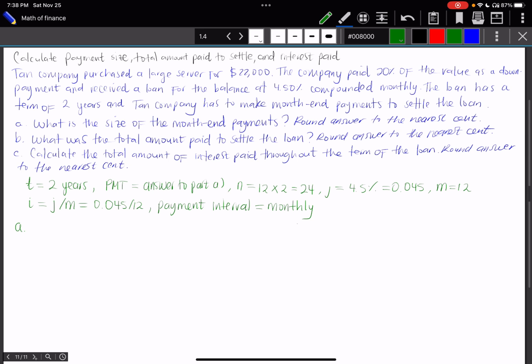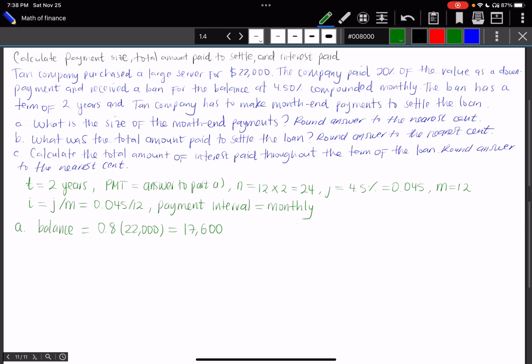Tan Company received a loan not for the $22,000, but for the balance, which is 80% of the $22,000, because they made a down payment of 20%. So the balance is 0.8 multiplied by $22,000, which is $17,600.